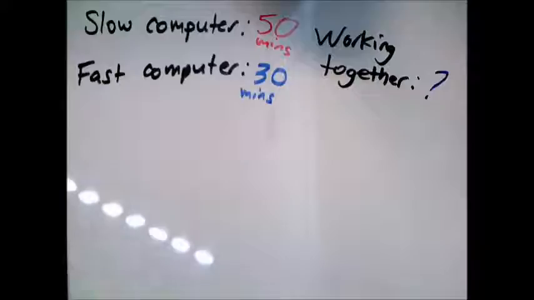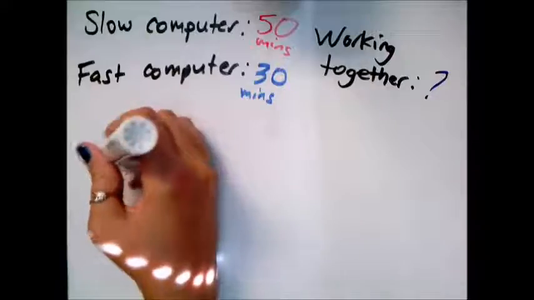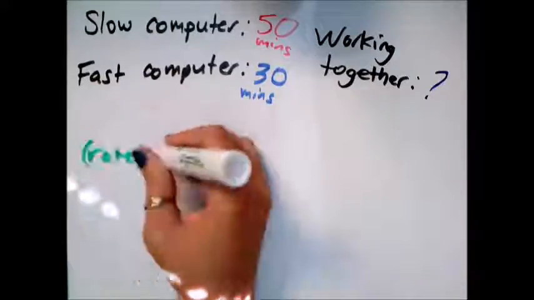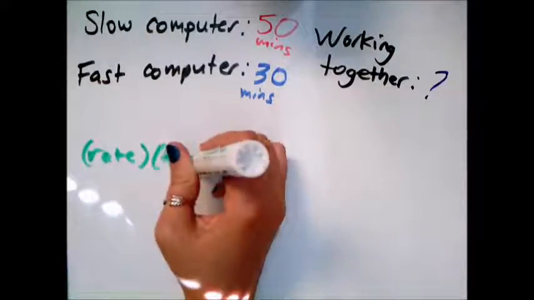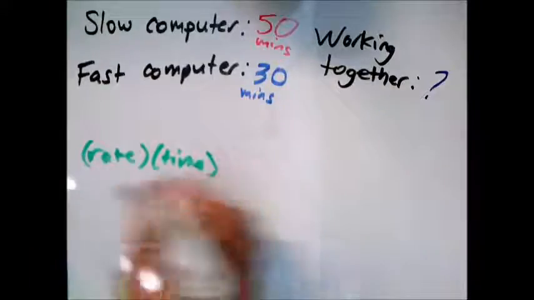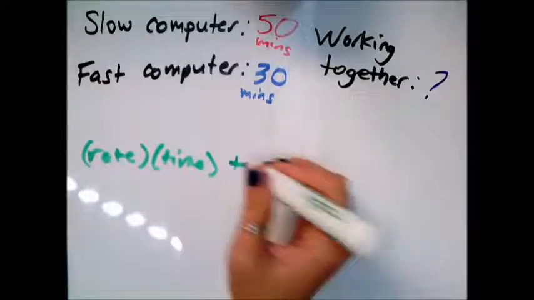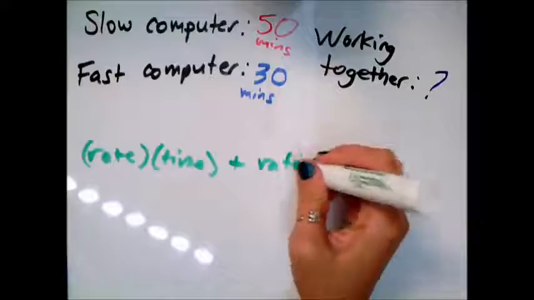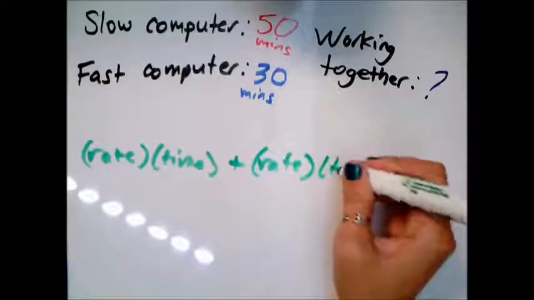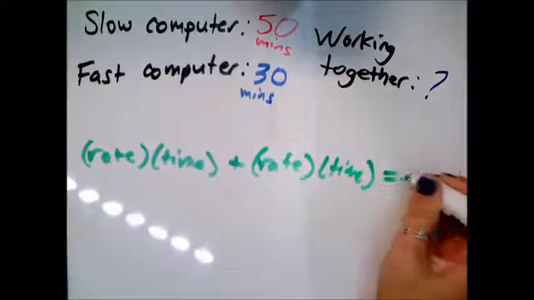So first off, all these run on the same main premise: if you have a rate for something, so I know how fast something works, and I multiply by the amount of time it's been working, I get a portion of the job, or what portion of the job was done. And we'll talk about that for a second.